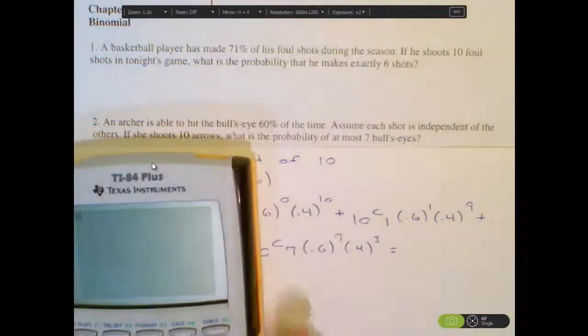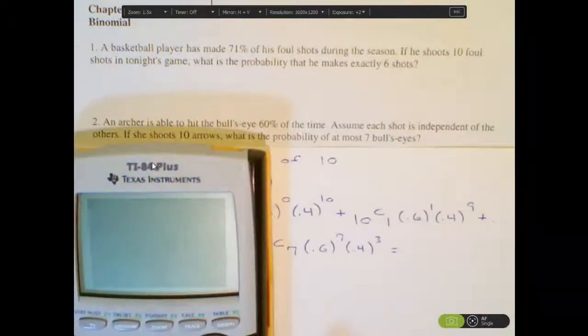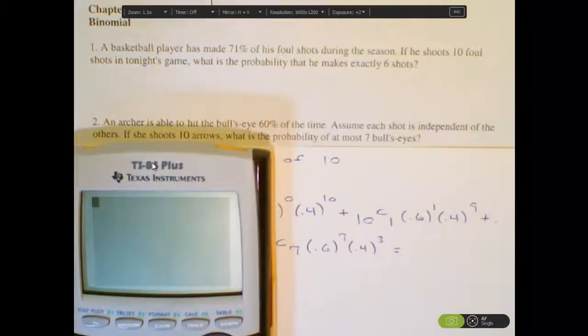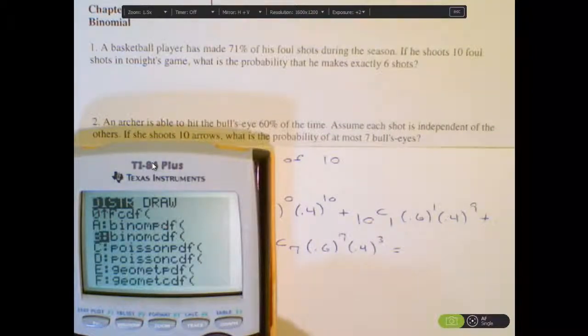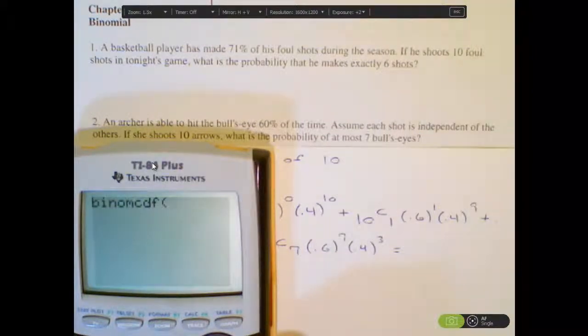Okay, so going back to the calculator here, I'm not going to be able to do binomial PDF because I have more than one formula. If all else failed and you needed to, you could add up those 7 formulas, but that's a waste of your time. So I'm going to go to binomial CDF, cumulative density function. Still the number of trials, the probability of success, but the last number that I put in, it's going to sum up all of those successes.